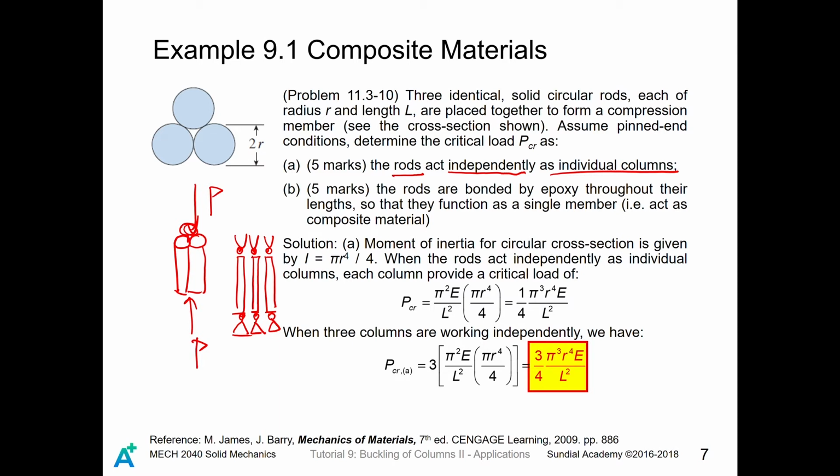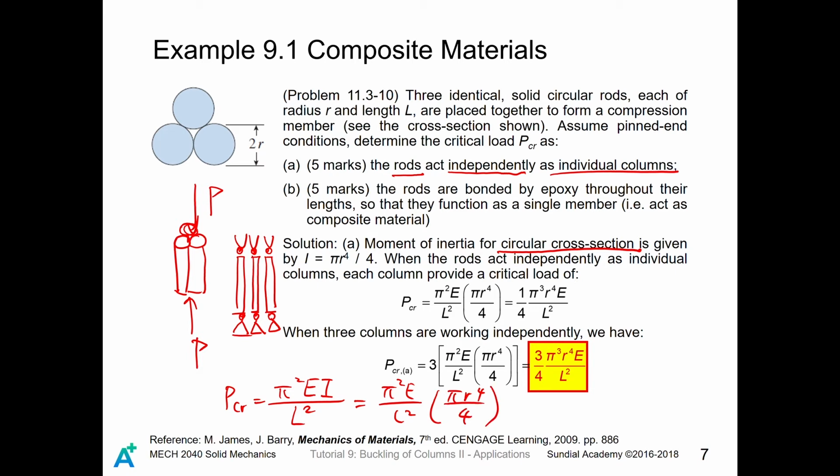First we deal with the first case, the critical load when the rods are acting independently. For the simply supported case, we know the critical load equals pi squared EI divided by LE squared, where LE is just L. For a circular cross-section, the moment of inertia is given by pi r to the power 4 divided by 4.